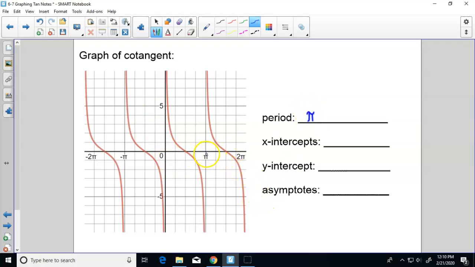Your x-intercepts this time, this would be pi over 2 right here, and this would be 3 pi over 2. So they are at the same places you had asymptotes for the tangent function. So your x-intercepts would be at pi over 2 plus k times pi, where k is an integer.